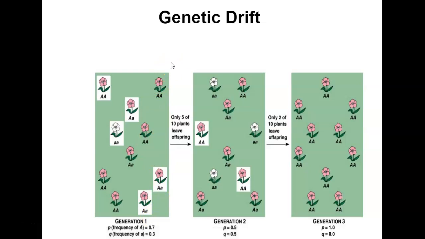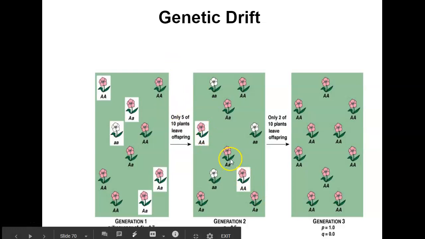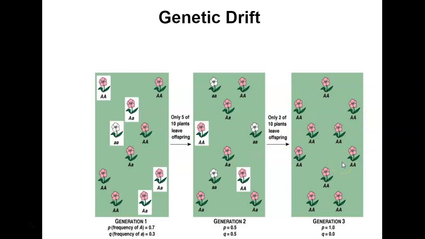But then based on that first round of reproduction, it ended up shifting a little bit by random chance. And we were at 0.5 and 0.5. And then it happened that only the dominant ones reproduced in this particular generation. And that yielded, essentially, a fixed allele situation where every member of the population is homozygous dominant.